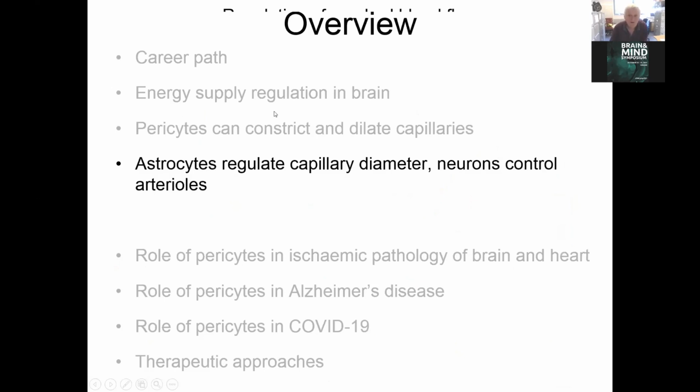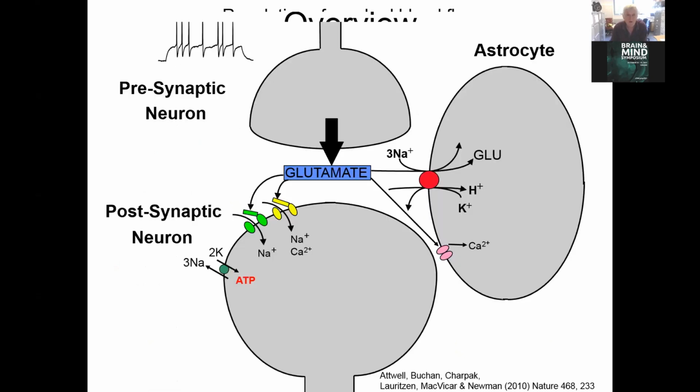I now want to show you there's a kind of spatial segregation in how this control of blood flow occurs. How do we want to control blood flow? Let's suppose we're designing the energy supply to the brain, we're evolution. It turns out that if you do an energy budget of the brain, most of the energy use in the brain occurs at synapses.